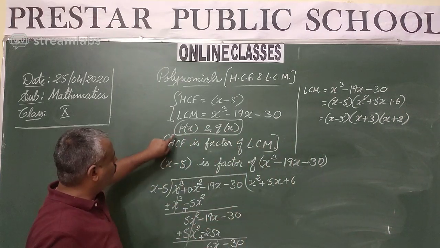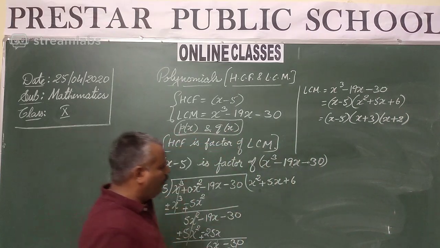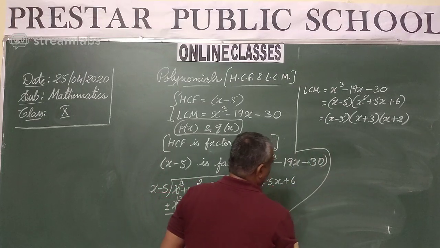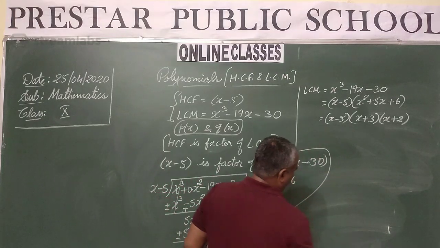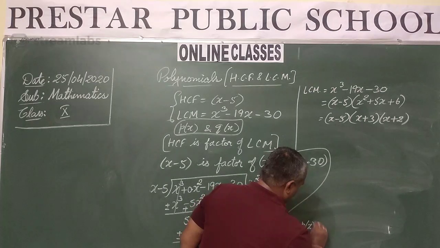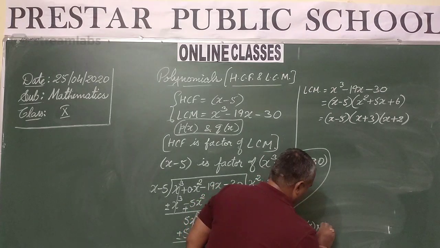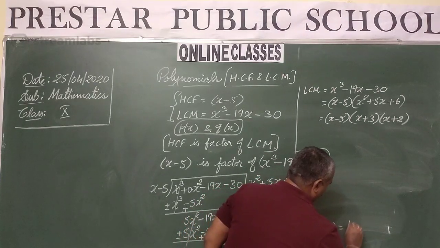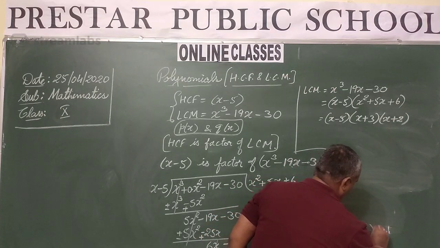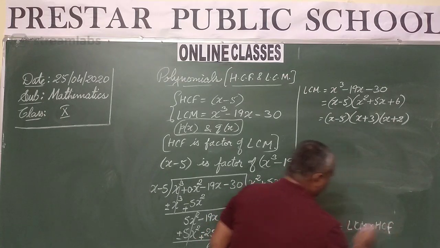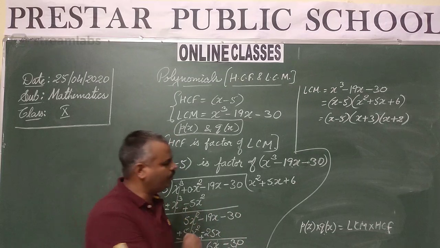Now we need the two expressions. How do we identify those two expressions and what to do? We know that the product of these two expressions is equal to the product of LCM multiplied by HCF.